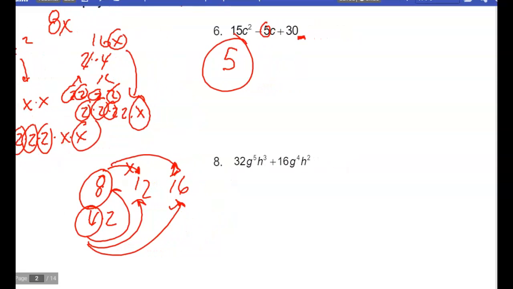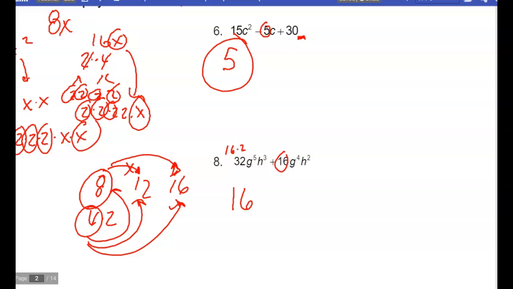Right? On number 8, start with my smallest number, 16. Does 16 go into 32? Yeah, it does. 16 times 2 is 32. So that's already what they have in common in terms of numbers. They both share 16. What do they have in common for the variables?